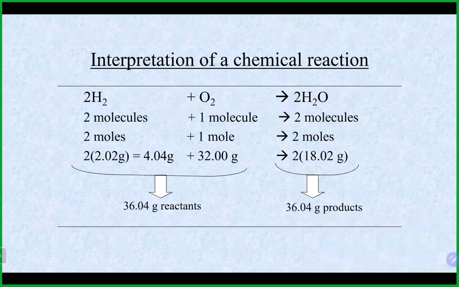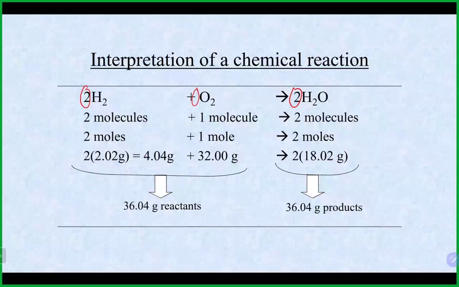When we do have a balanced equation, there's a couple of ways we could look at it to help us out. We could look at these coefficients here, the 2, the 1, and the 2, as being two molecules of H2 react with one molecule of O2 to give you two molecules of H2O.